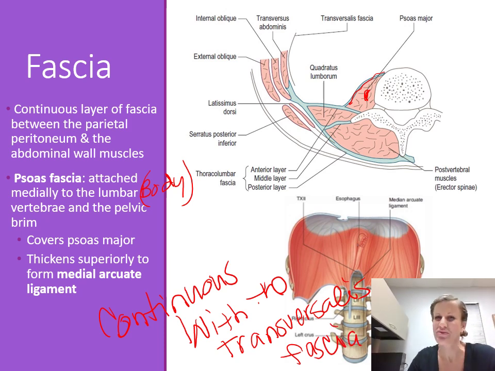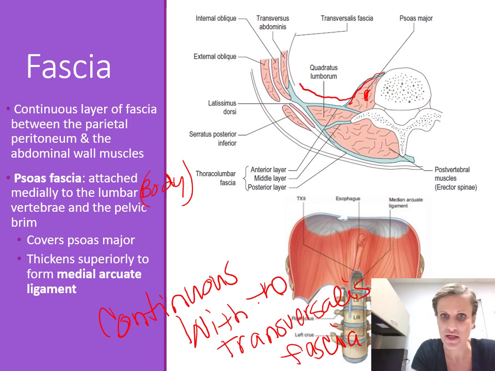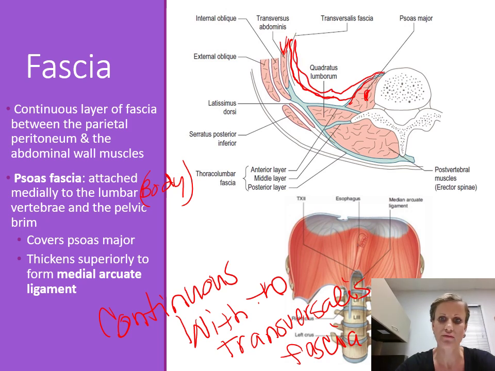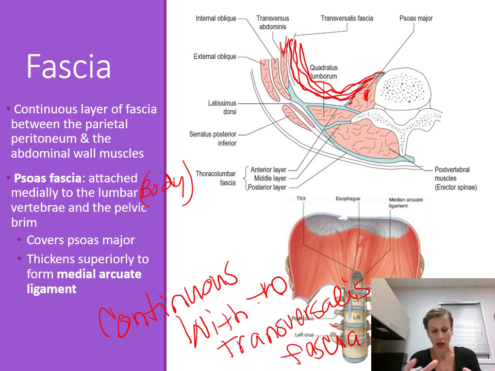This picture doesn't represent it well. I'll show you a better picture in a little bit. But the psoas fascia is going to continue over, and it's going to be continuous with the fascia that covers the transversus abdominis. And this muscle is the transversus abdominis. So ultimately, it'll form this complete fascial layer that separates these muscles from the parietal peritoneum and all of the visceral organs that are within.